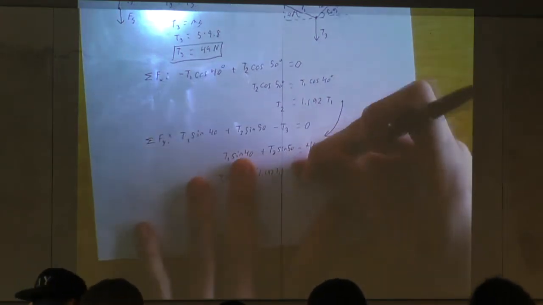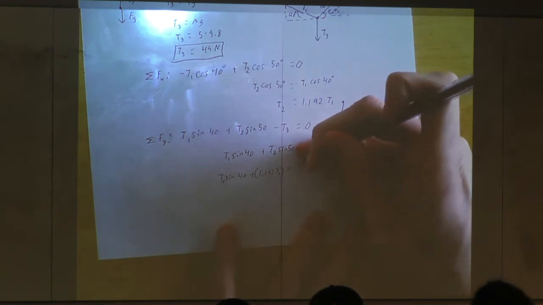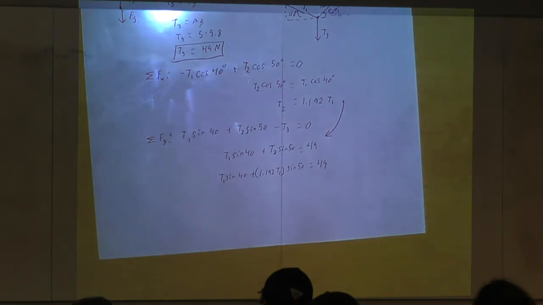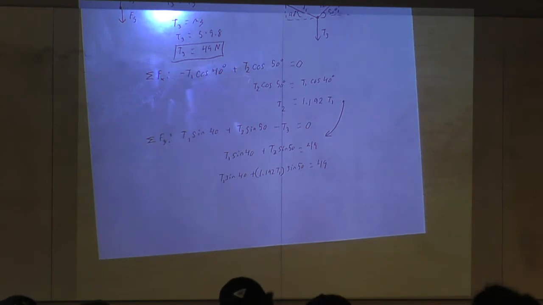I'm going to move this over. So now we've got everything in terms of T1, which means that now we can solve for T1 because we only have one variable.